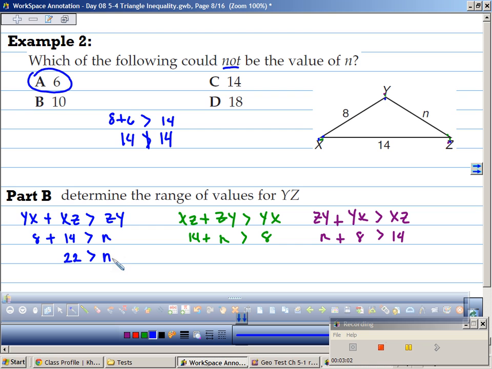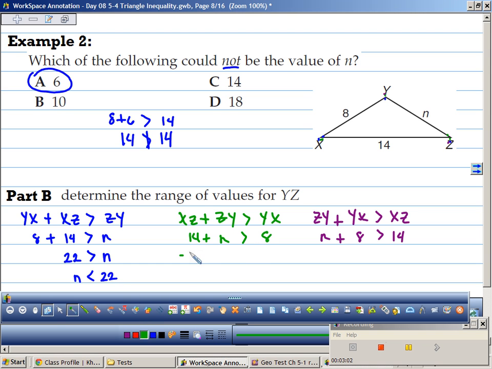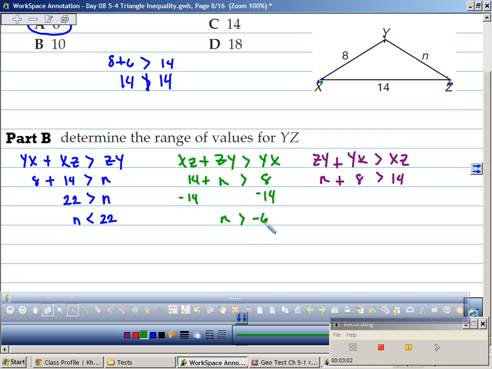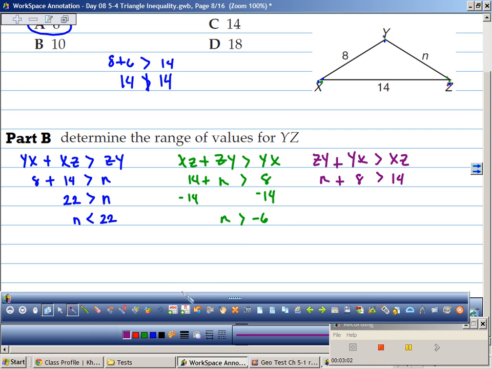So 22 has to be bigger than n, or n has to be less than 22. If I were to subtract 14 from both sides, then n would have to be larger than -6, which doesn't make much sense on a triangle, but we have to include that one, okay? And then if I subtract 8 from both sides, I would get n has to be larger than 6.